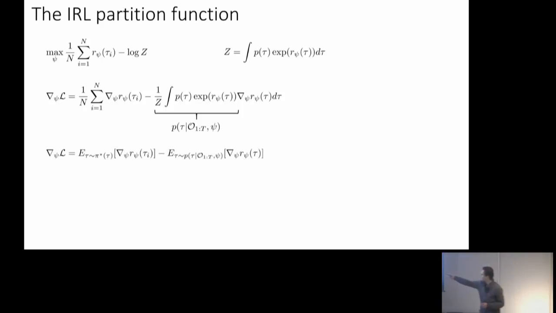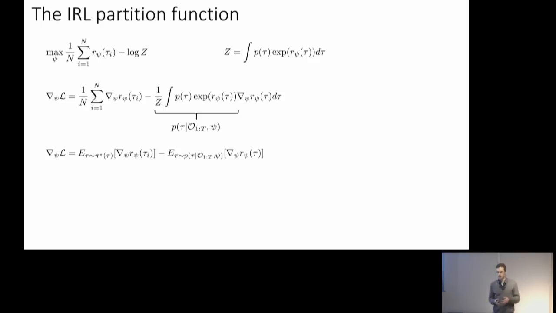The first part is a sample-based estimate of the gradient of the reward under the expert's policy. So we can rewrite this gradient as the difference between the expectation of grad r under the expert minus the expectation under the optimal policy for the current reward. That makes a lot of sense.